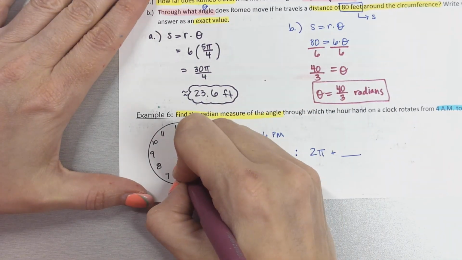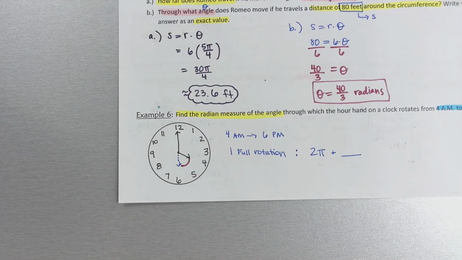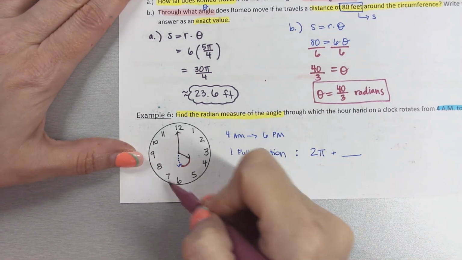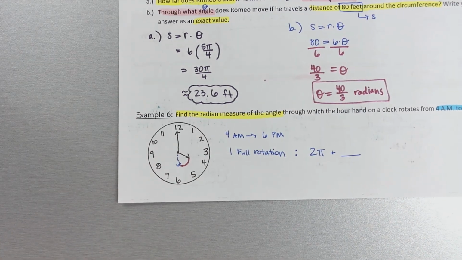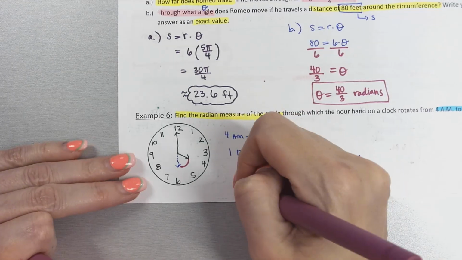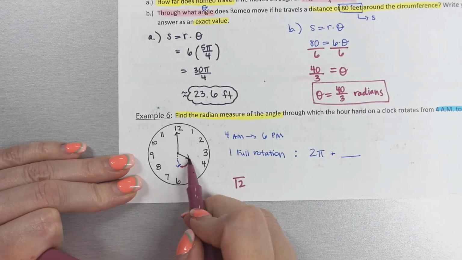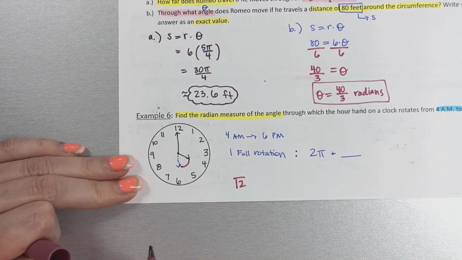You know what it is? So we're gonna do it in radians, but you can think of it as a ratio. So how many spaces do we have here? 12. You guys with me on that? And then from 4 to 6, that's how many of those spaces?